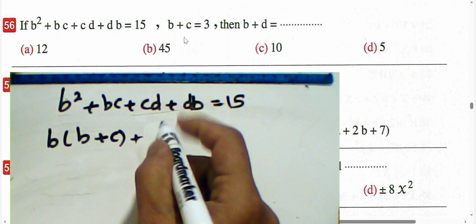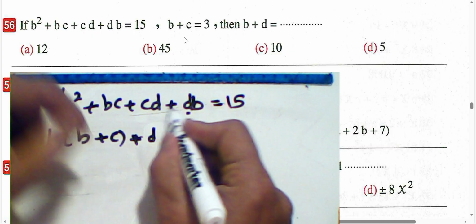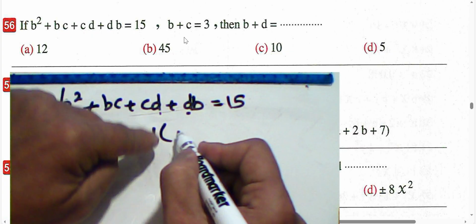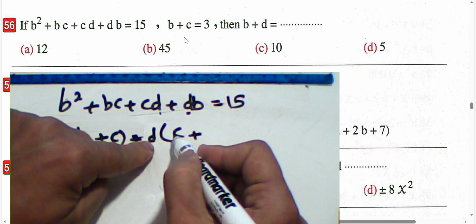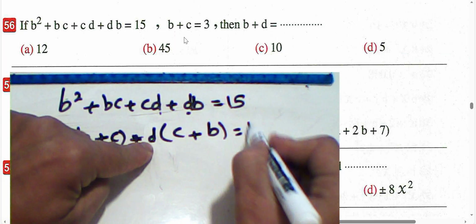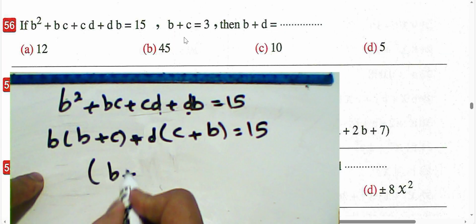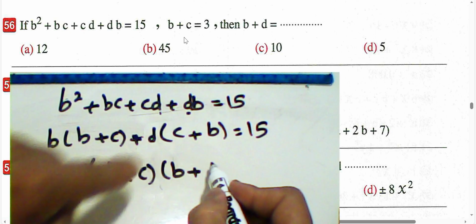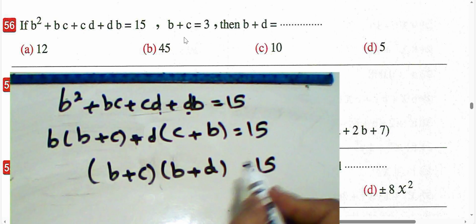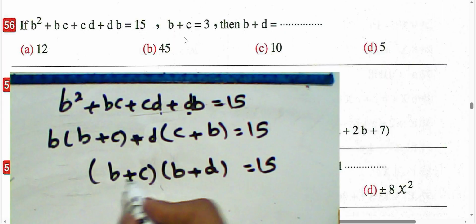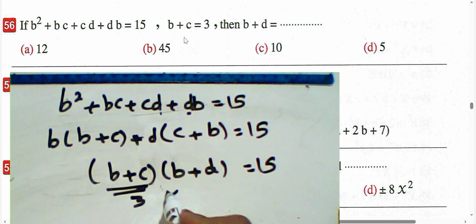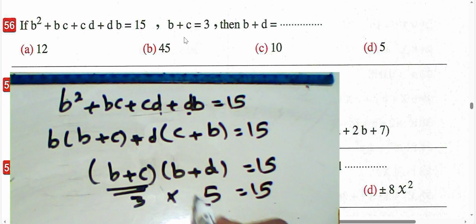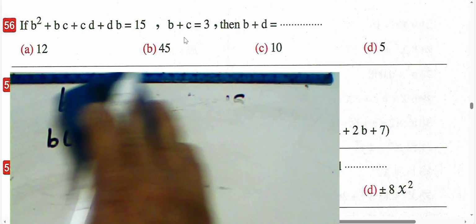Again we can write d highest common factor, d was repeated, okay, then cd divided by d equal c, and db divided by d equal b, equal 15, and then we can write b plus c highest common factor between together, the result will be here b and here d, the result will be 15. He gives b plus c was 3, then 3 product by what equal 15, 3 times 5, and the result here will be 5.